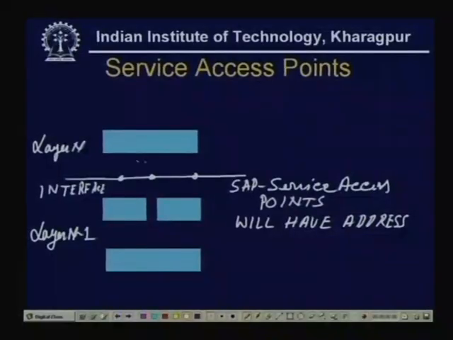So, here it is somewhat like that, this is the service provider and this is the service user, and to get service from the service provider, the layer N will send some data. It has got two parts. One is the interface control information, ICI, and the SDU, service data unit.